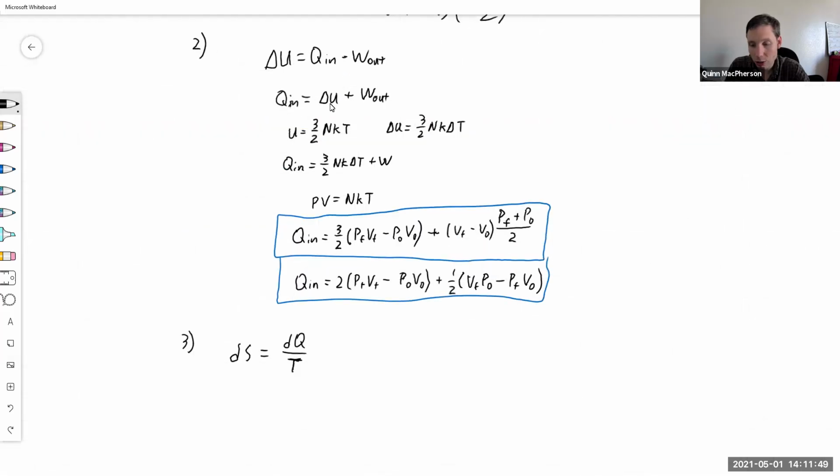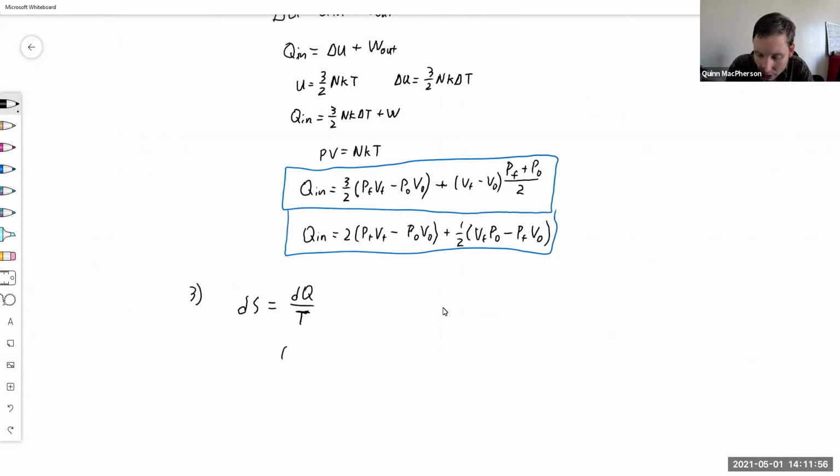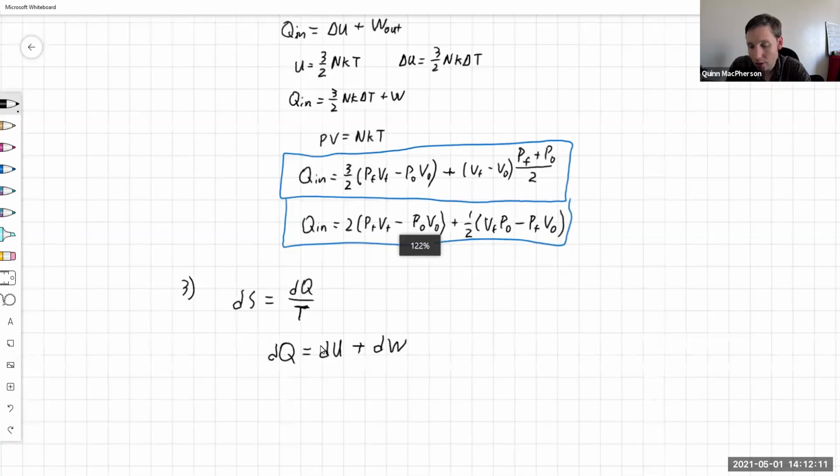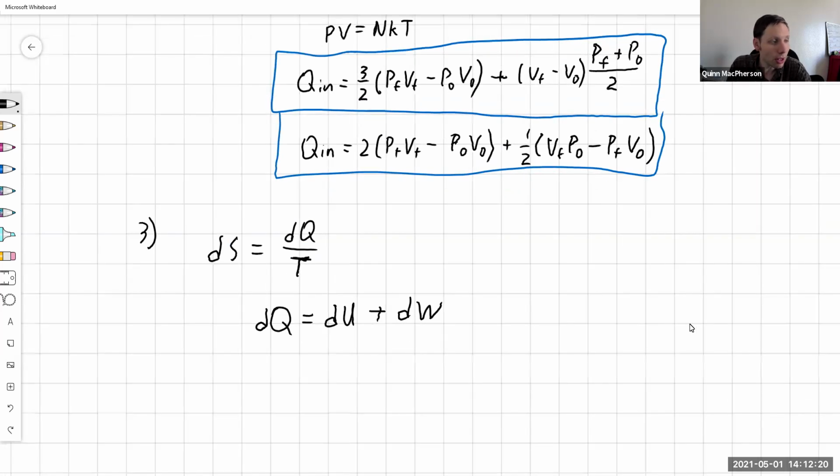We had Q in is equal to delta U plus W. We can write the differential form of that, where if we add just a little bit of heat, dQ in is equal to dU plus dW. If you add just a little bit of heat, it'll equal the change in internal energy plus the work done. Okay, so these are a little more handleable.